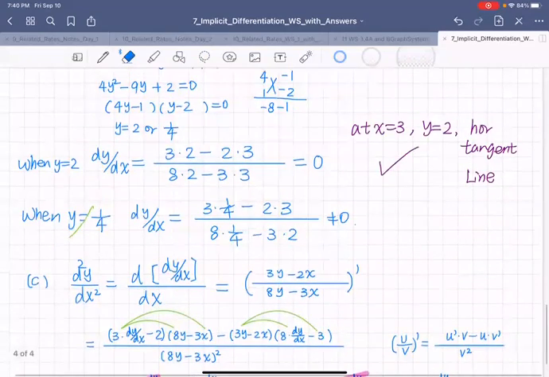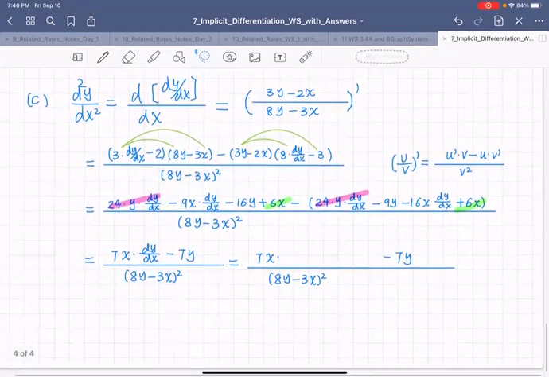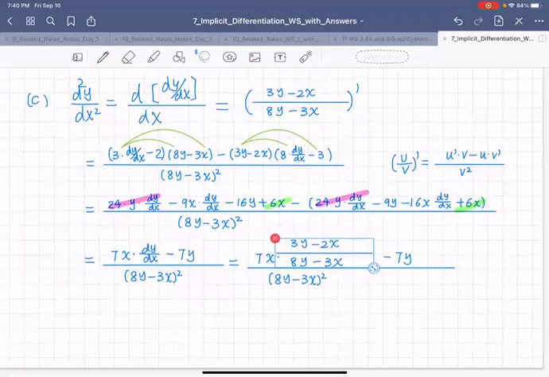Times this whole thing. Okay, so far so good. Yeah.